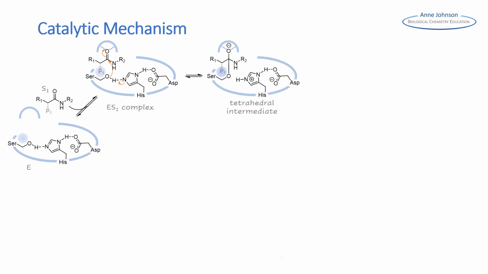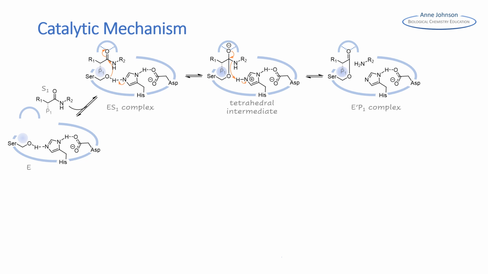The serine hydroxyl group attacks the carbonyl group, pushing the pi electrons onto oxygen. As the serine hydroxyl group is attacking, the imidazole ring of the histidine hydrogen bonded to it acts as a general base to remove the proton from the serine oxygen atom. The developing positive charge on histidine is stabilized by the aspartate side chain.